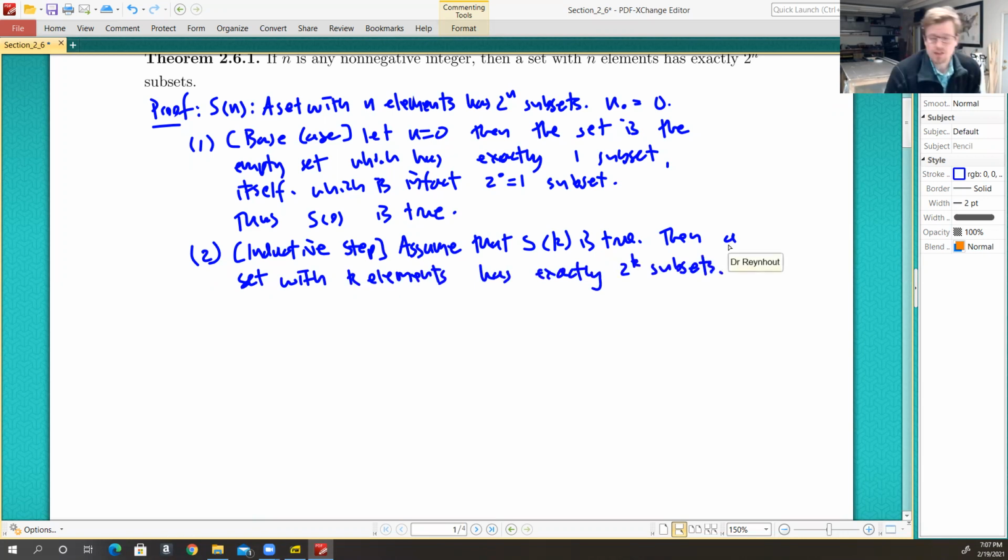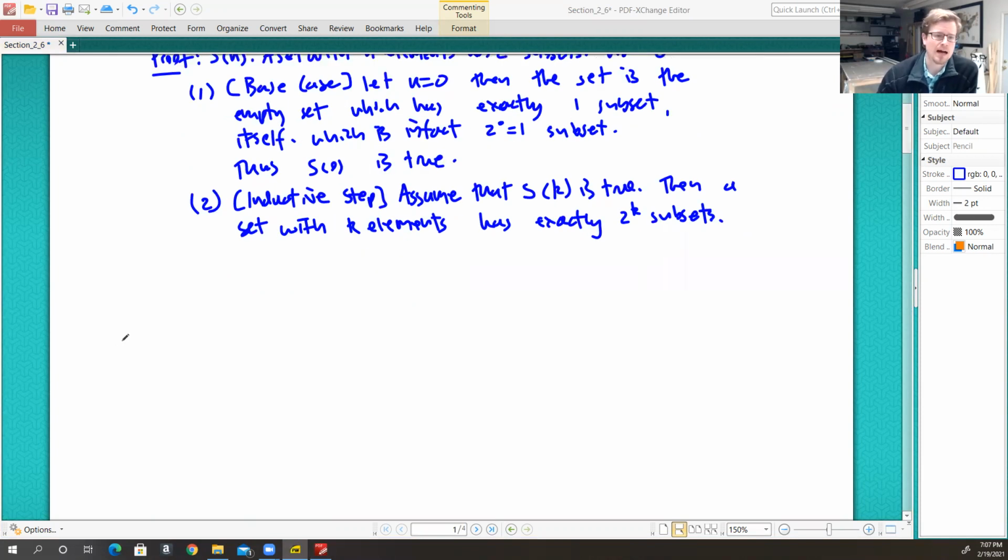Excellent. Okay, so we're assuming that a set with k elements has exactly 2 to the k subsets. And what we want to do is we want to show that a set with k plus 1 elements has exactly 2 to the k plus 1 subsets. And it's actually pretty straightforward and easy. It relies on one observation that I think is pretty obvious. We'll see what you guys think.